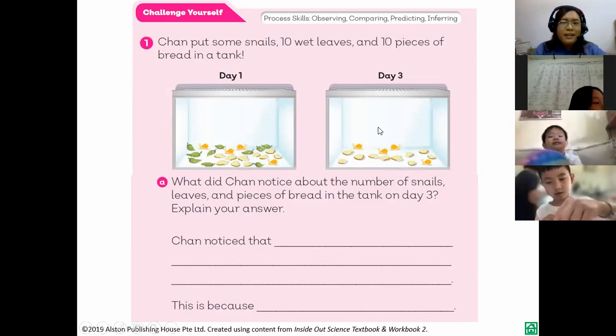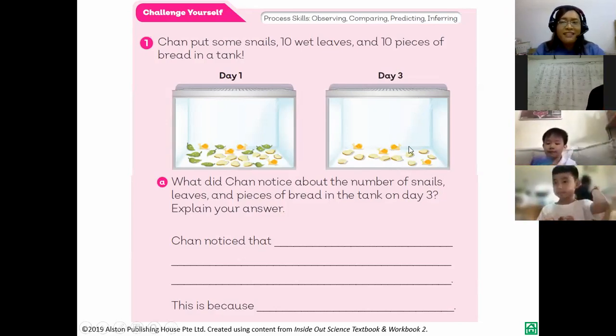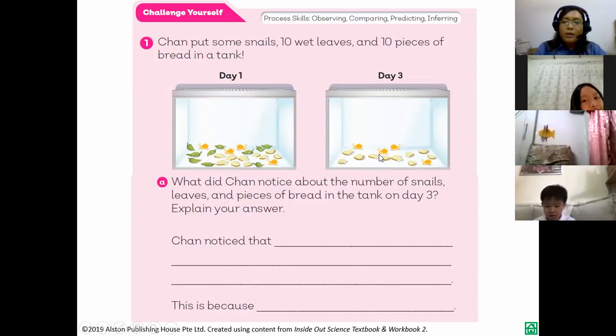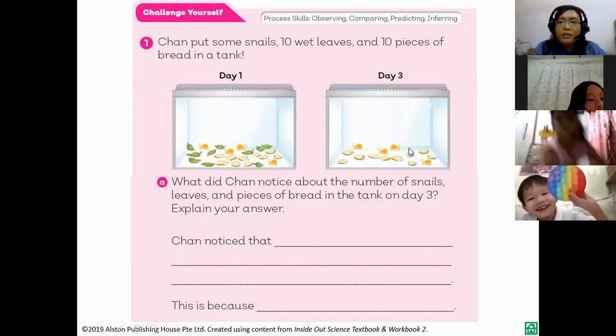How many wet leaves in day 3? 0. Okay, so what happened to the wet leaves in day 3? What do you think happens to the 10 wet leaves? Why did it become 0 on the third day?